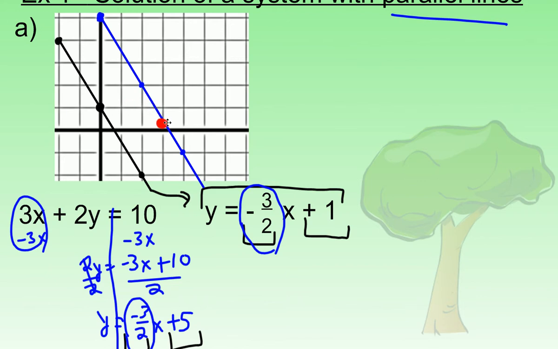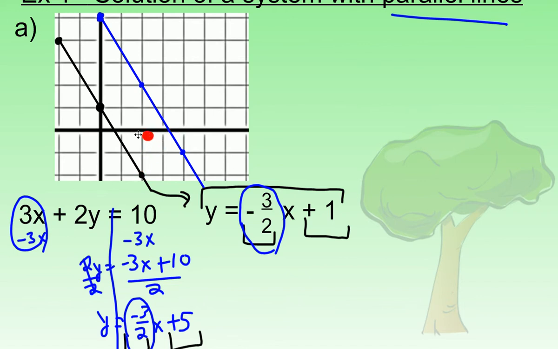If I put it on the blue line, it's true for the first equation, but not the second. If I put it on the black line, it's true for the second equation, but not the first. So where could I put a point that is true for both equations?